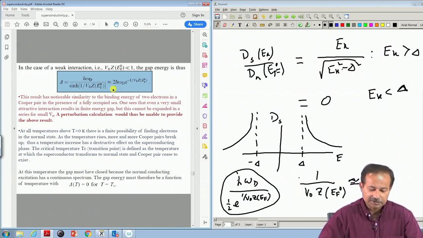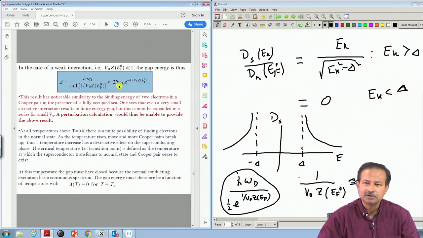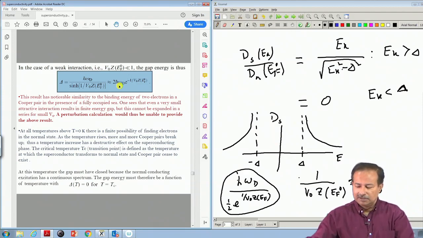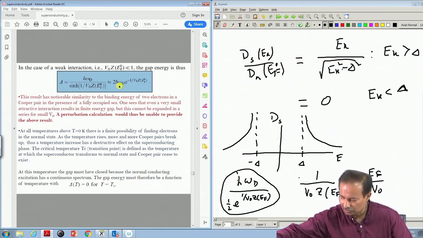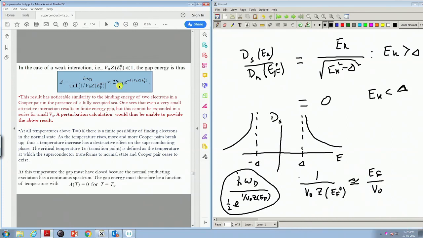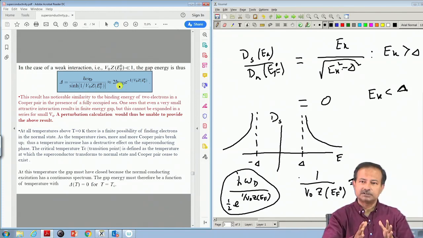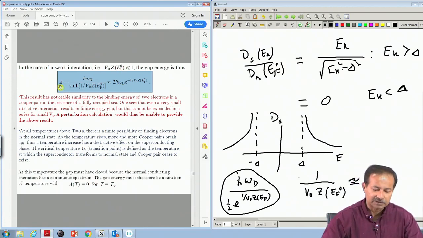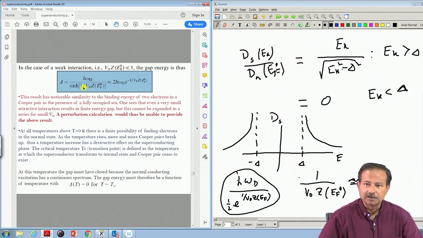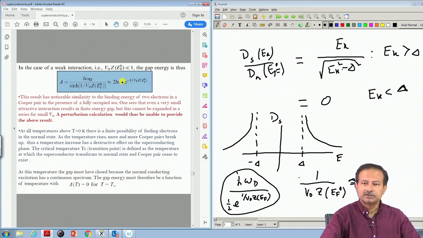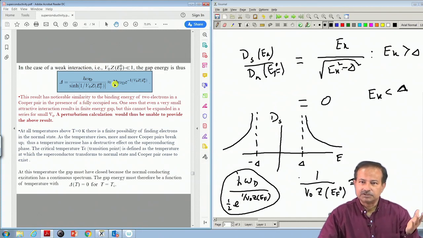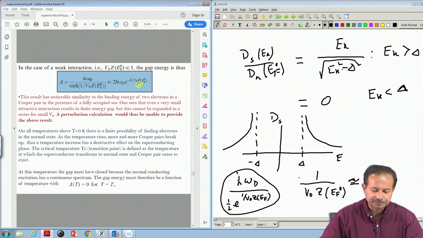That same argument now leads to a many body ground state. I should not say same, but it is a similar argument where the many body ground state was written down, and in that many body ground state we find that there is a gap, which is this, and this gap actually corresponds to breaking a Cooper pair, and that is exactly what we got as we did in the Cooper problem.